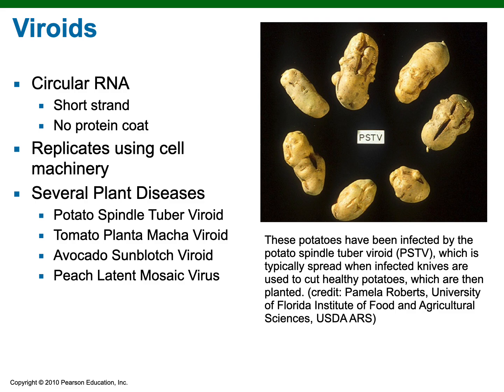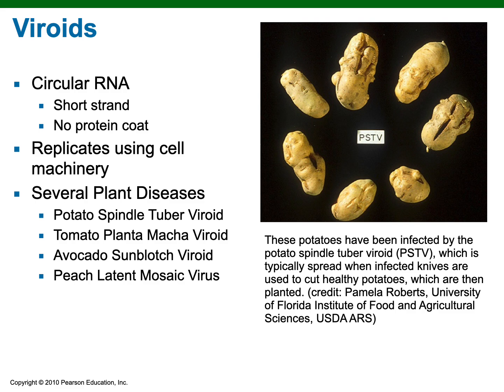Fortunately, we don't know of any of these in people, but they're common plant diseases. They include the potato spindle tuber viroid, the tomato plant macho viroid, avocado sunblotch viroid, and peach latent mosaic viroid. As you can see, they affect crop plants. There's more of them. This is just the ones that become important.